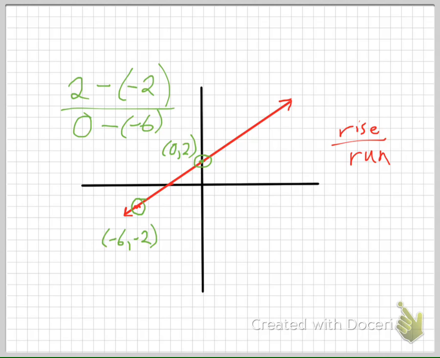Start at one point, and from there see how much you have to rise to get to the second point. So if I start at this lower point, to get to this point, I have to go up 1, 2, 3, 4 units, right? So this has a rise of 4.